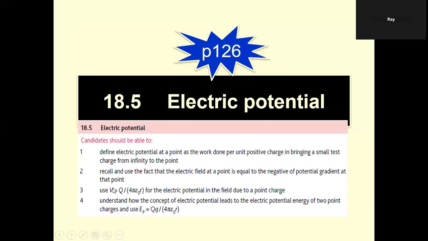Then use this formula of electric potential in the field due to a point charge, and understand how the concept of electric potential leads to electric potential energy of 2 point charges as that.